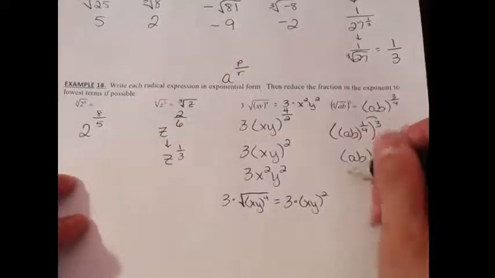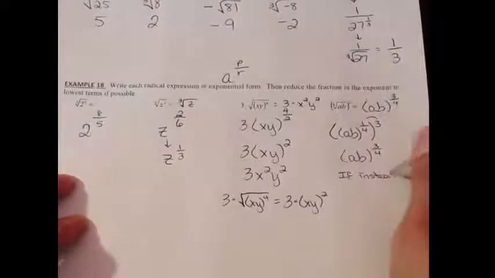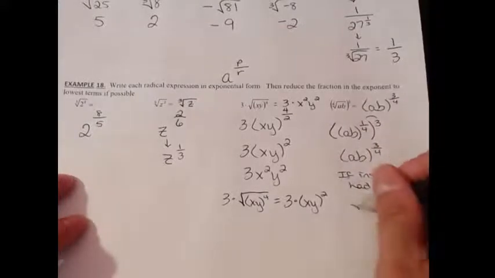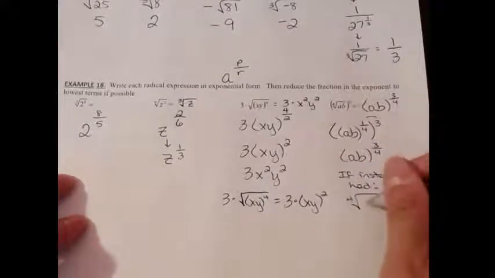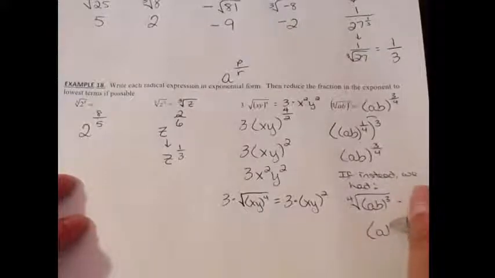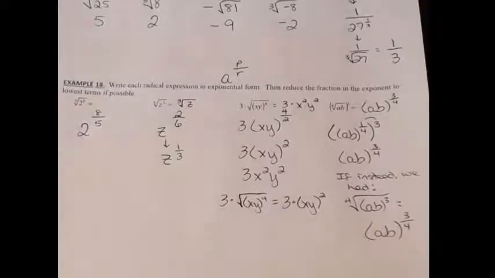So for example, if instead we had the 4th root of ab to the 3rd, we actually have the exact same expression, ab to the power over root. It's actually going to be identical. So something to think about in terms of where that power is located. Good. Let's go ahead and turn the page.